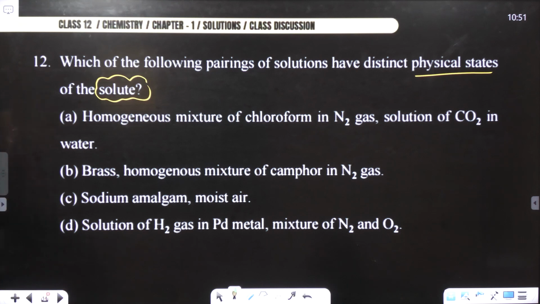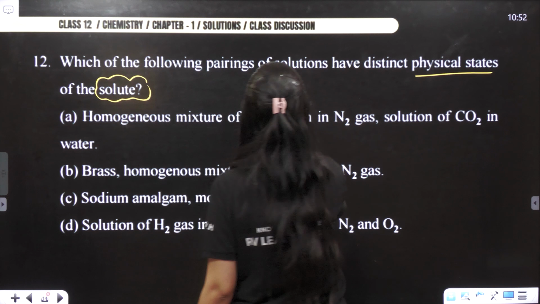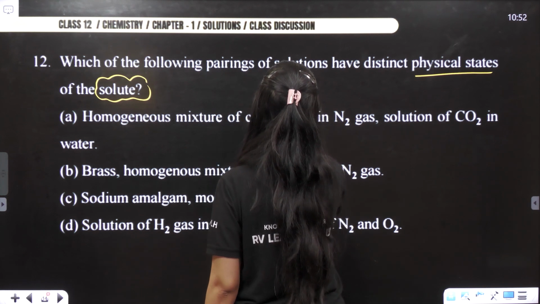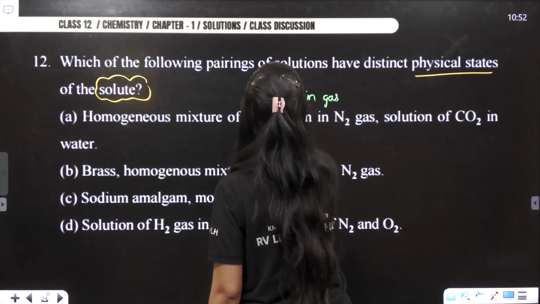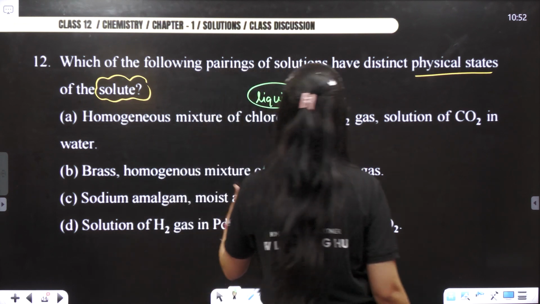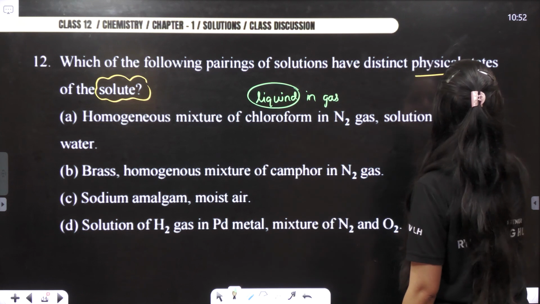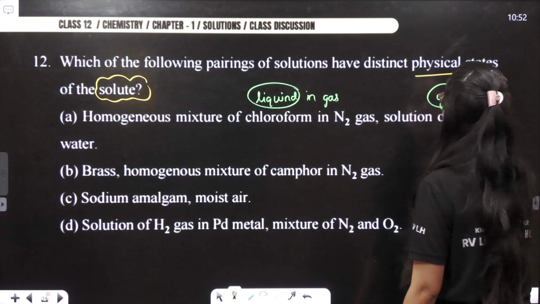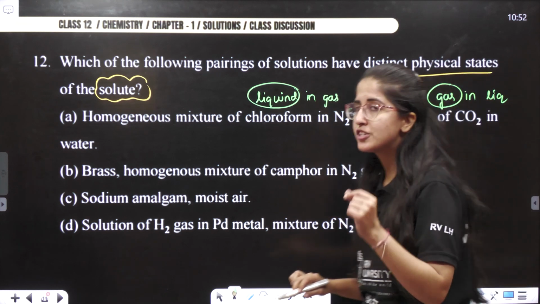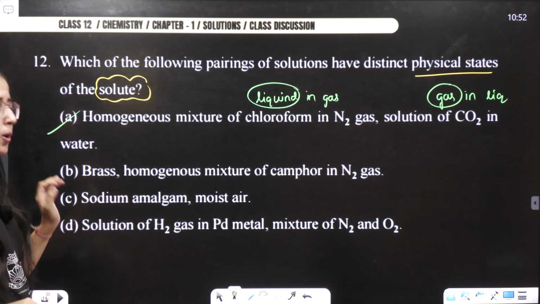So homogeneous mixture of chloroform in nitrogen gas is an example of liquid in gas solution. Liquid in gas. So solute is what? Liquid. And carbon dioxide in water. So here carbon dioxide is gas, gas in liquid, it is an example. So here solute is gas. So clearly the physical state is different. So option number A is your correct option, but we will see the other options also.